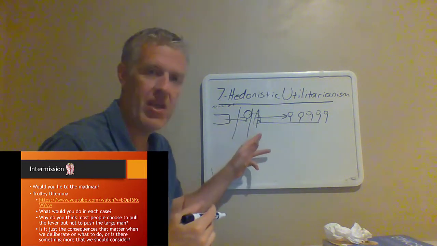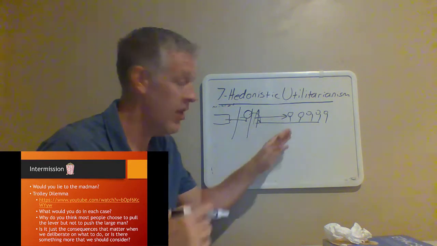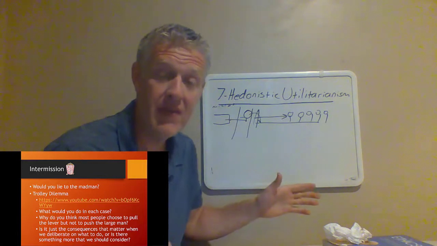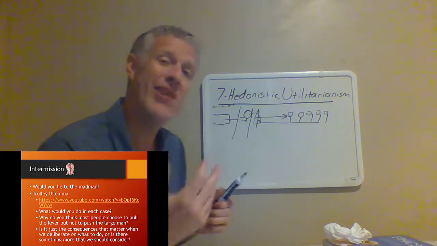We do something that leads to the death of one person, but in doing that, we avert the loss of 5 lives instead of just 1. So what is the difference between the two?